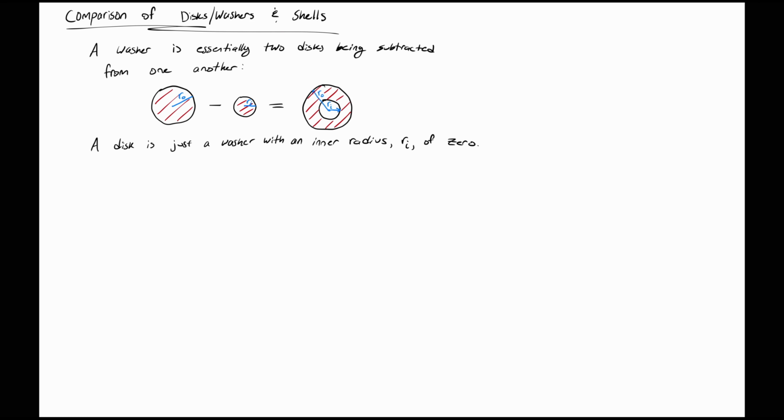Okay. Let's go ahead and do some comparisons here. I'll make a little table. Let's say we have disks/washers, and then down here we will have shells.